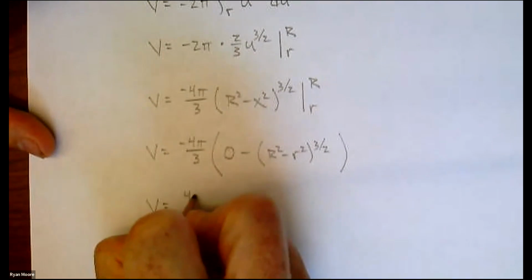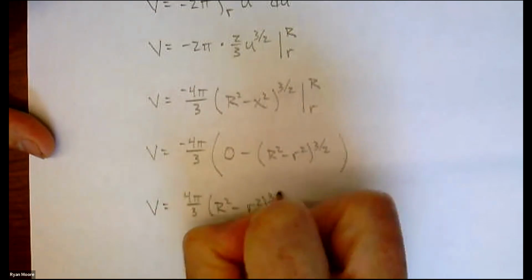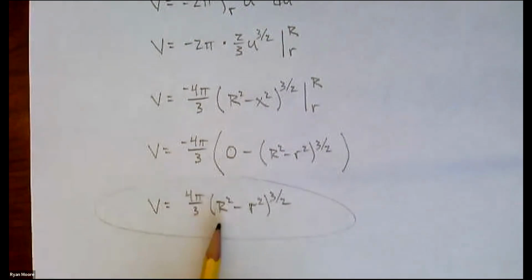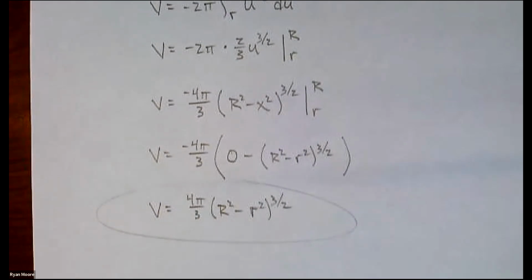And we've got 4 pi over 3 times big R squared minus little r squared to the 3/2. There's our formula. Looks good to me. So if we know capital R and we know little r, we could plug those in, and there's the volume of what's left of the original sphere after you drill that hole through the middle.